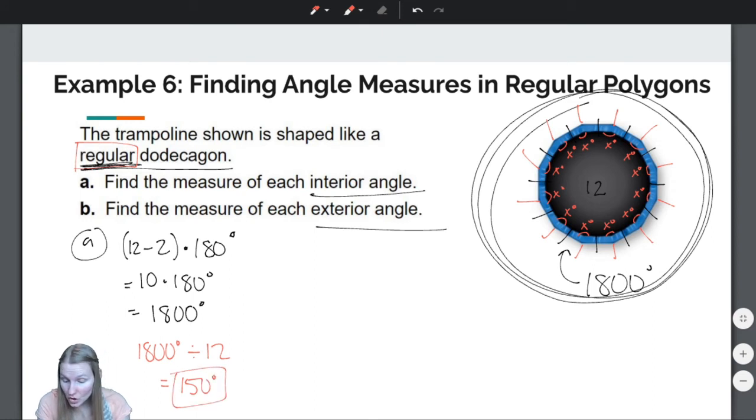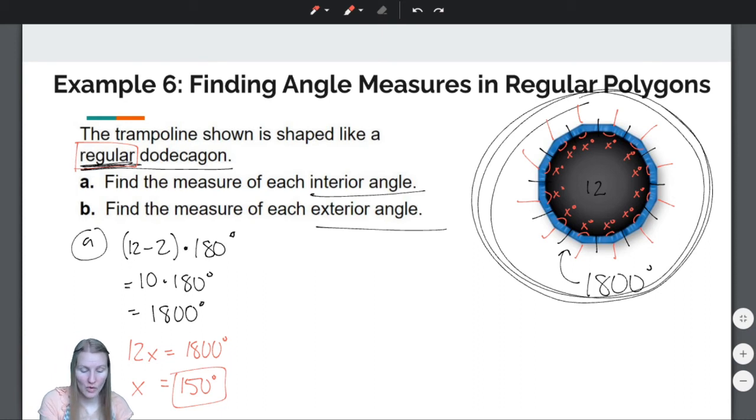So each of these interior angles is 150 degrees. A better way to see that is how I wrote it before: 12x equals 1800, and x equals 150. So each of those little x's in this shape is 150 degrees.